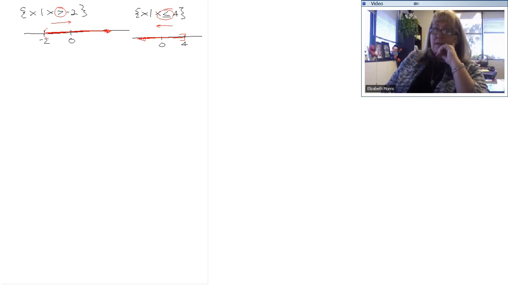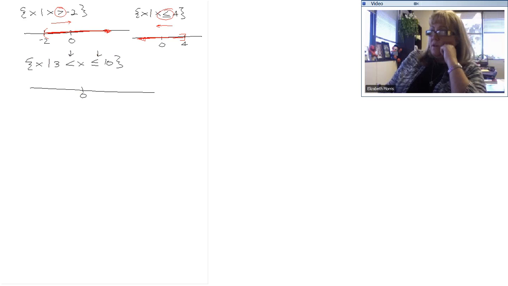All right. Let me throw something in here. What if I had x such that x is greater than 3, but it's less than 10? All right, we can do that. Here's 0, here's 3, here's 10.